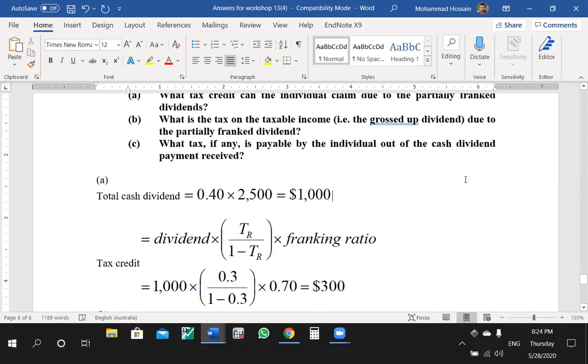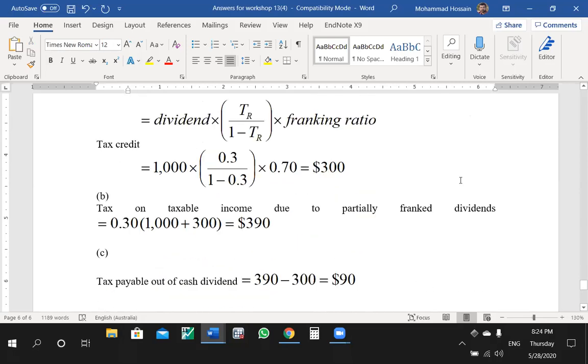And the company has already paid a tax of $300. So how much is his taxable income? Taxable income will be 1,000 plus 300, $1,300. So how much is the tax for $1,300?